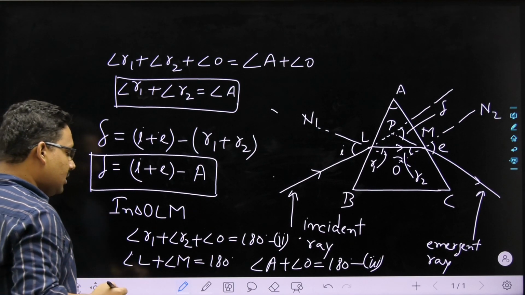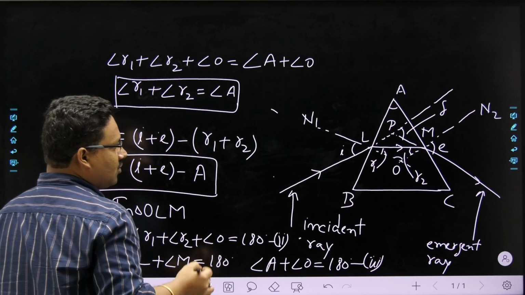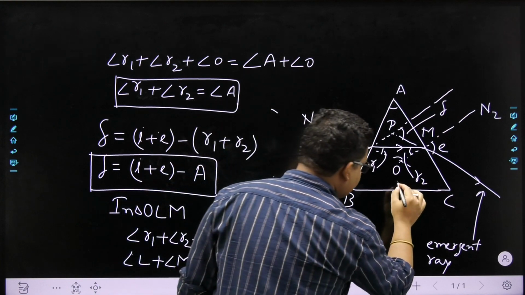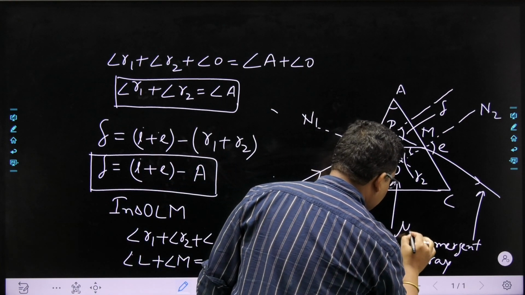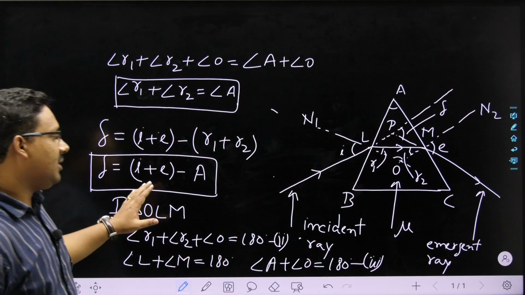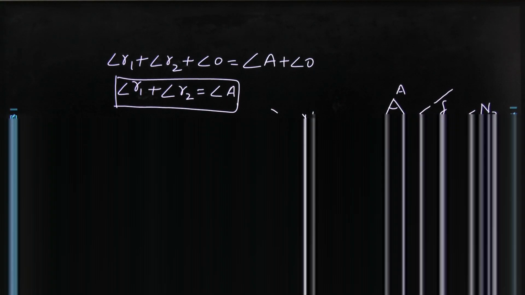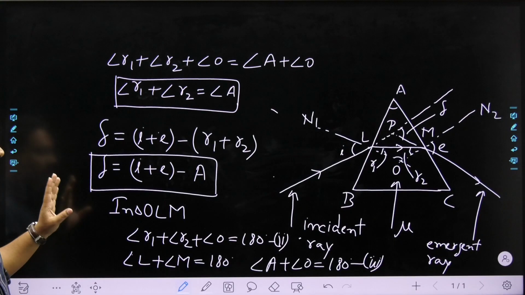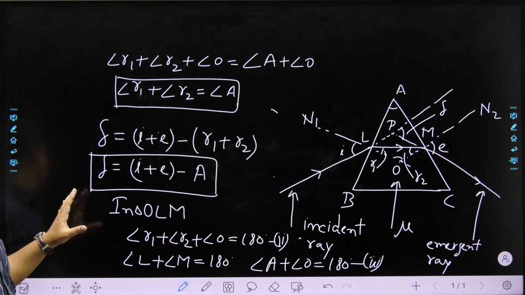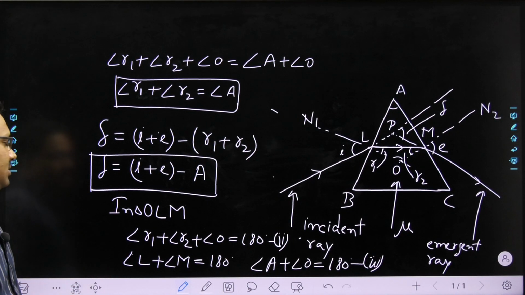Okay. Now next we will see, if mu is the refractive index of this medium, then what will happen? Let us see.